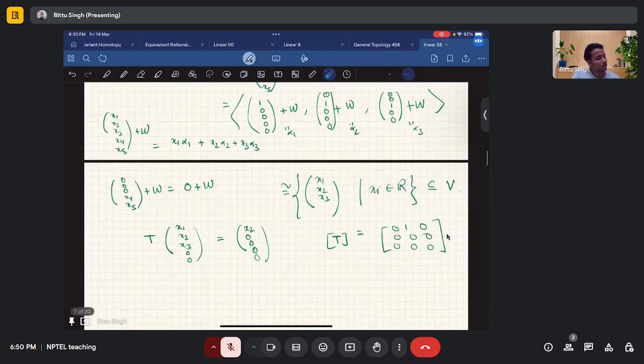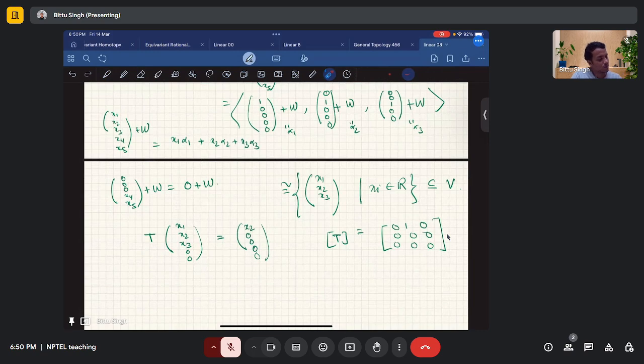Okay, so from here it is clear, T with respect to alpha 1, alpha 2, alpha 3, this basis. So B equals alpha 1, alpha 2, alpha 3. With respect to this ordered basis, T takes this form, and therefore it is clear that T is nilpotent, because T square is 0.